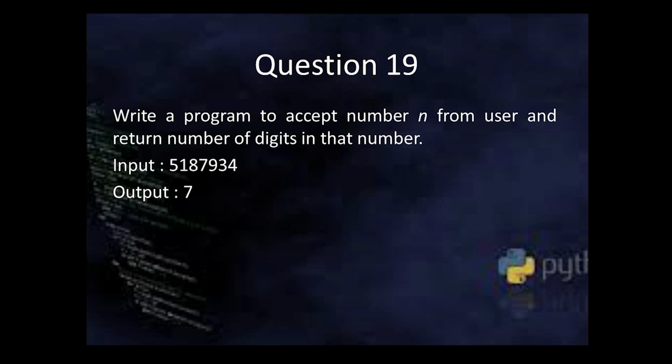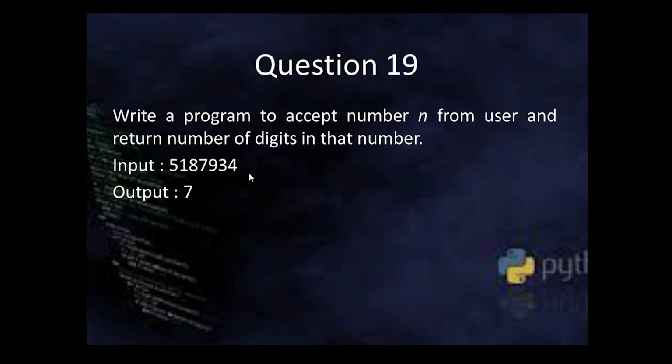Now the question is how to count the digits. We have to write a task to separate these digits one by one. As we separate them, we'll keep a counter and keep incrementing that counter. Now the question is how to separate these digits.